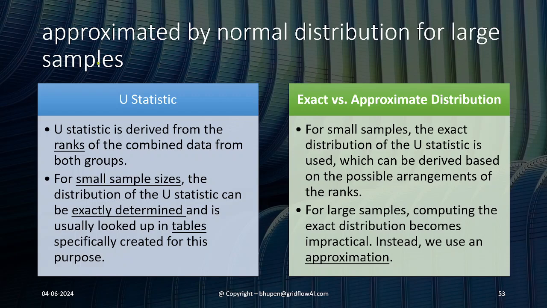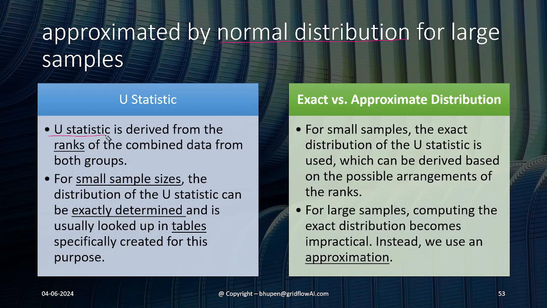Now, in the non-parametric test, which is the Mann-Whitney U test, the distribution is going to be approximated by a normal distribution. This is fundamental to understand why we consider the normal distribution as an approximation for this inferential technique.